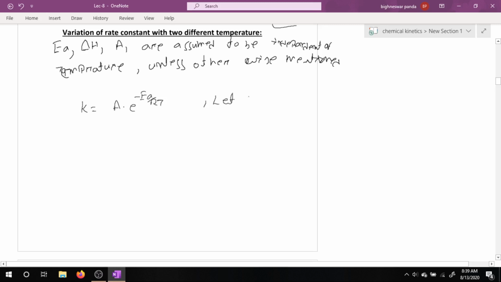Let T = temperature T1, then the rate constant k = k1. So I can write k1 = A e^(-Ea/RT1).